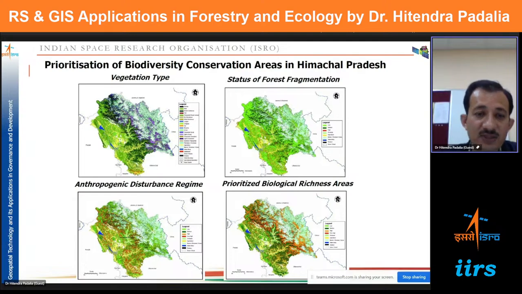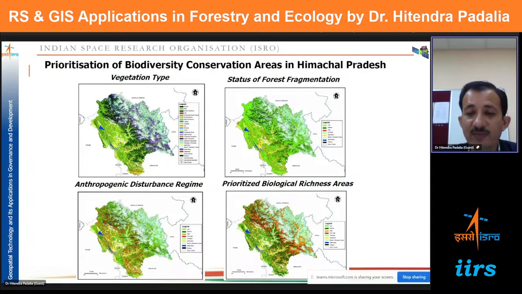For example, settlement can serve as an indicator of disturbance, and expansion of road network and railway network. All these things increase the proximity of human beings to biological resources. So in that sense, at a country level, it gives a fairly good idea how the human dominance over the landscape is increasing and how it is causing disturbances in the natural areas.